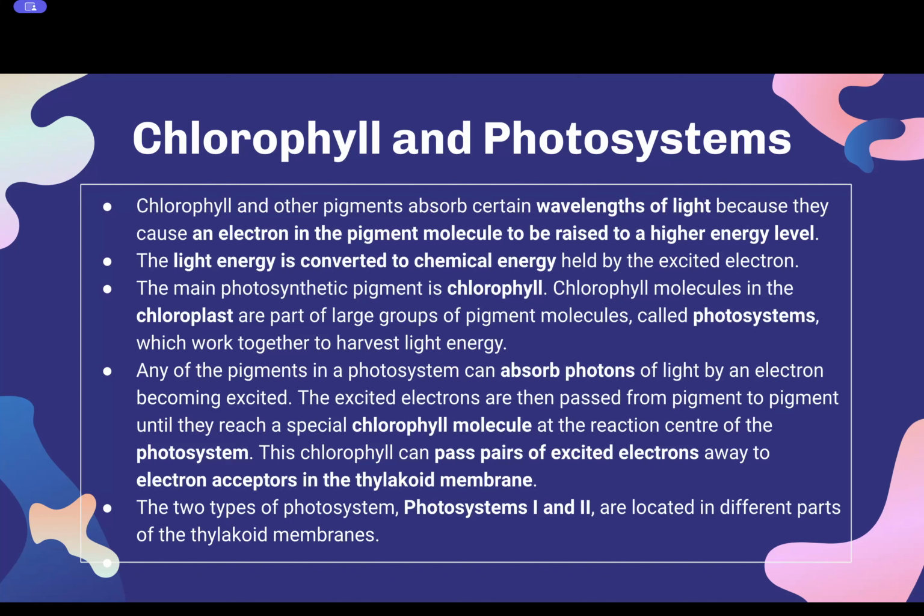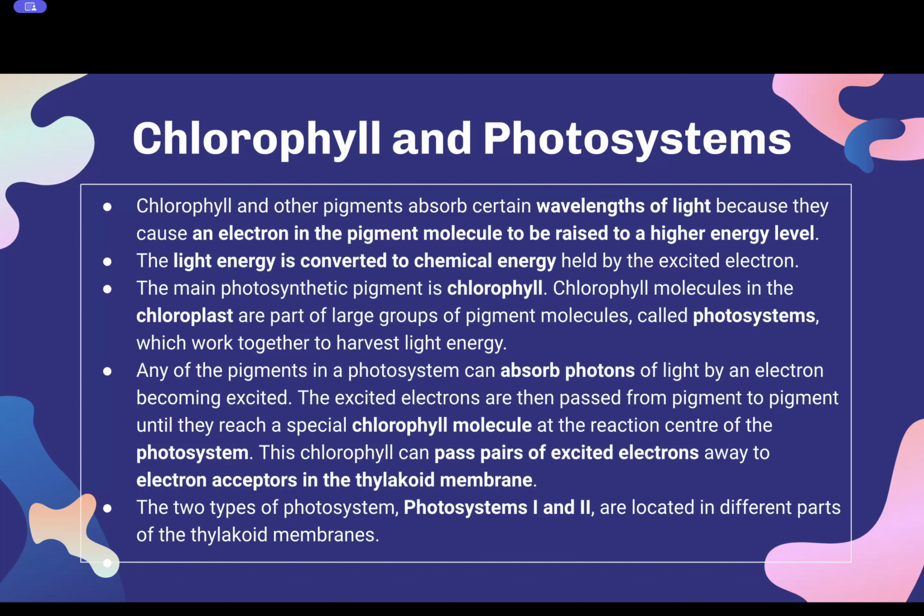I don't think they ever asked this, but I put it there anyway, just in case they test us this year. Chlorophyll and other pigments can absorb certain wavelengths of light because an electron is moved to a higher energy level, and therefore it absorbs light. It's the absorption thing. The light energy is converted to chemical energy, which is then held by that excited electron.